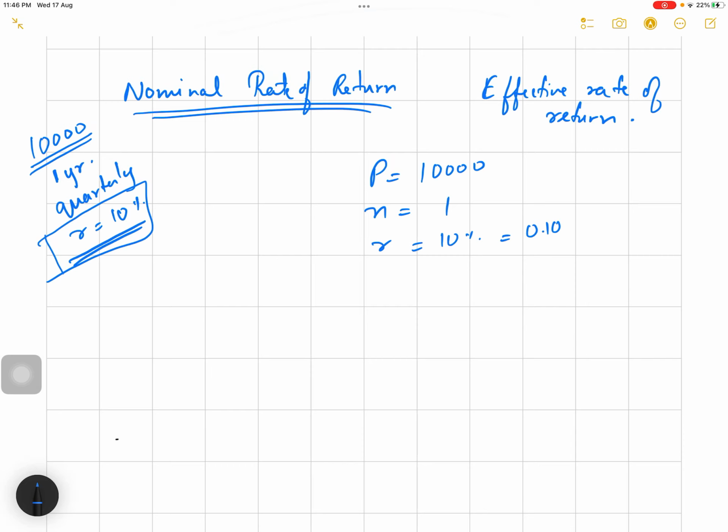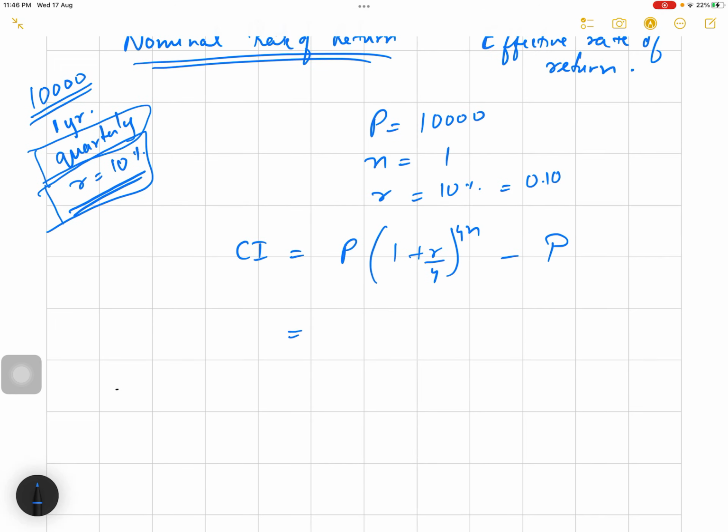If I want to find CI, compound interest, my formula will be CI is equal to P into 1 plus R raised to N minus P. But because my interest is compounded quarterly, I will do N into 4 and R divided by 4.